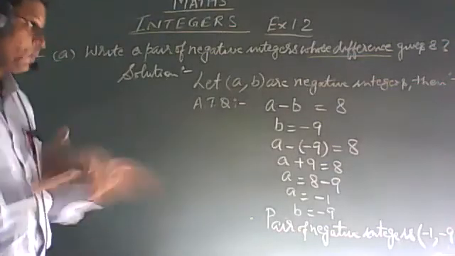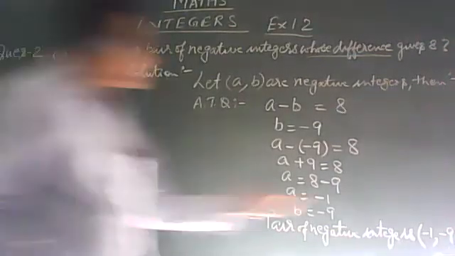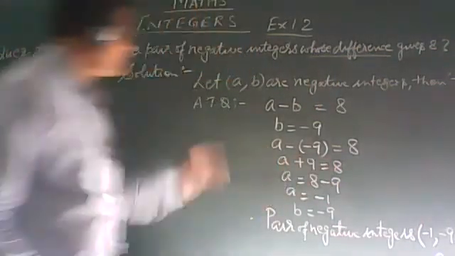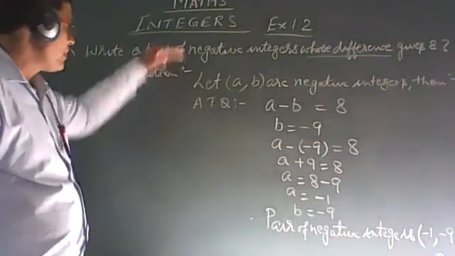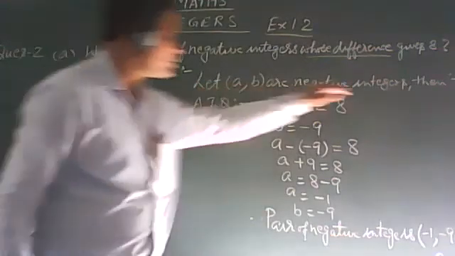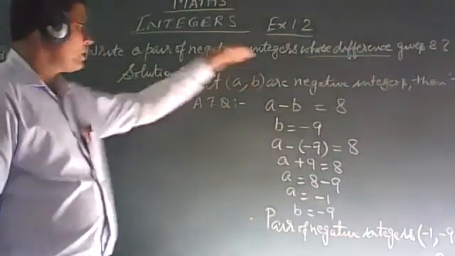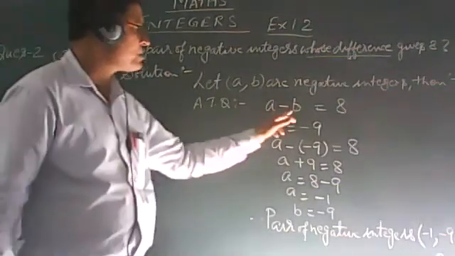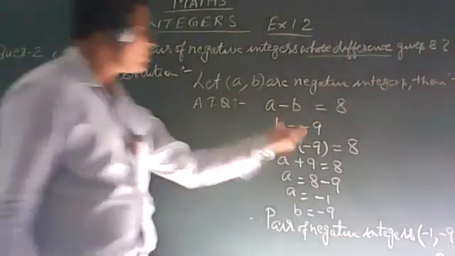Otherwise, if you know it, we can solve directly, but directly we cannot find the solution each and every time. Therefore, first in this question you assume, let's suppose, A and B are two negative integers. According to the question, difference shows subtraction, A minus B equals 8, and we put the value of B here.